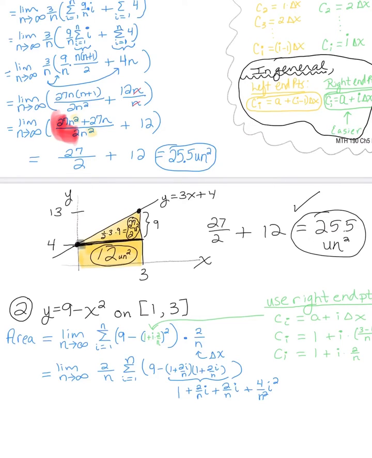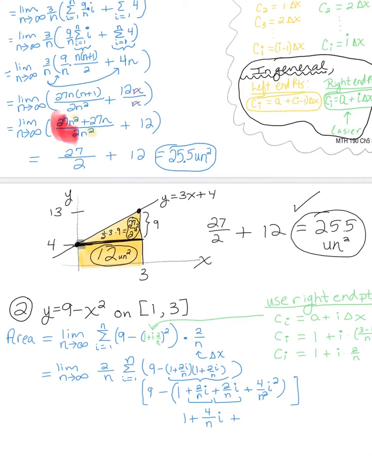Now we do need to be a little bit careful here. We've just replaced a product with a sum when we multiplied it out, so it's really 9 minus that whole quantity. And again, these two are like terms, so this really becomes 2 over n i plus 2 over n i. Add those up and you have 4 over n i.